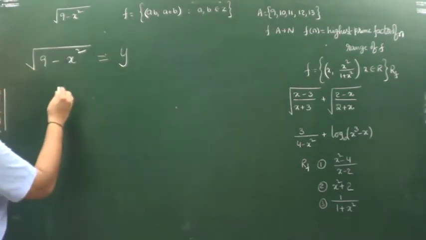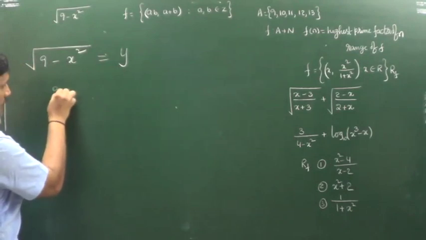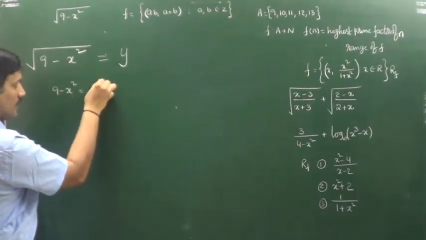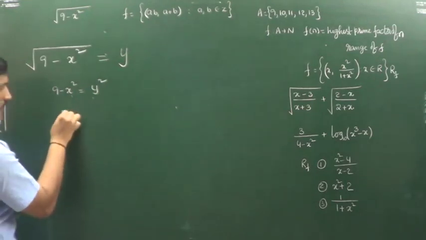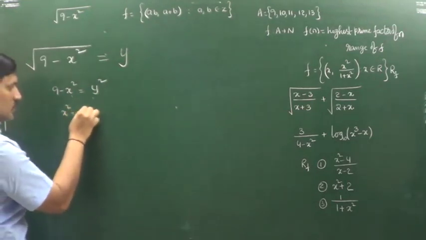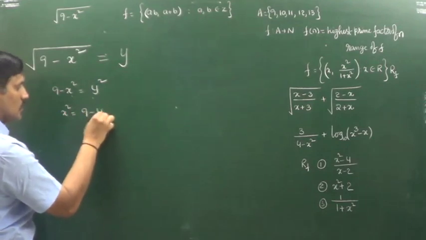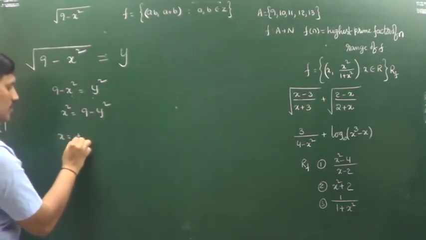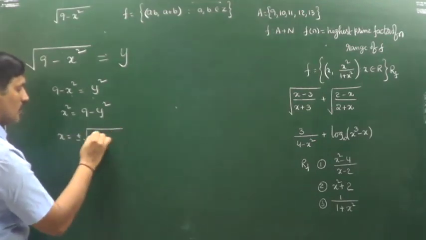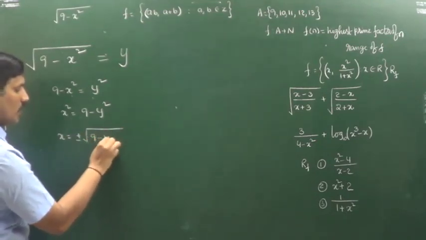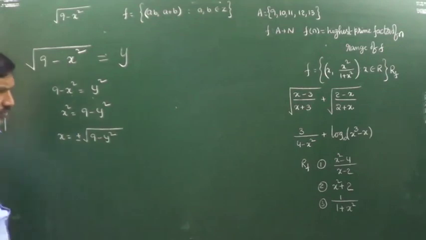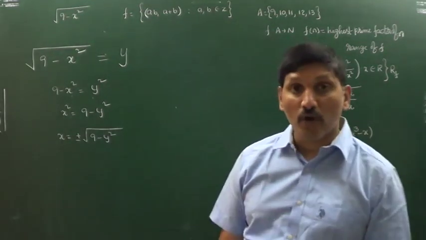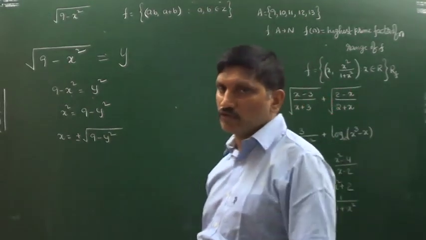Now you can see 9 minus x square is equal to y square. Therefore we are getting x square is equal to 9 minus y square. Therefore you will get x is equal to plus or minus root of 9 minus y square. So generally you have one confusion, but after discussing the definition of mod x, you don't have that confusion now.